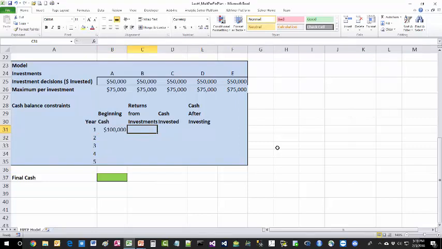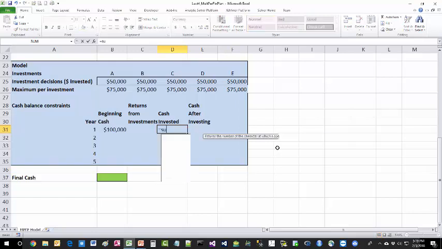So the cash invested is a sum product of the investment decision cells and the cash outlay on investments in year one at the top of the model. So let me see what that means.